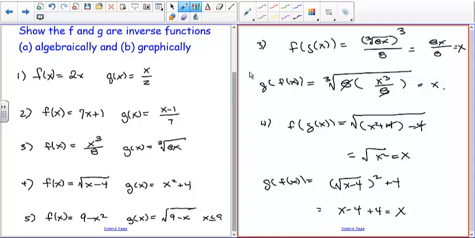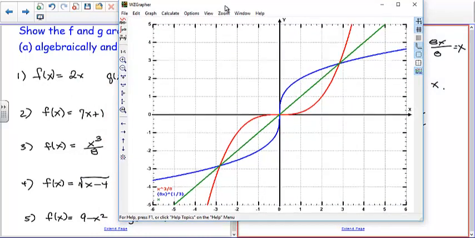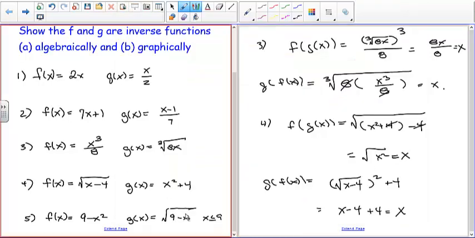So let's do that graphically. Now what we'll find out is that this domain is for x greater than 4, whereas this domain is all real numbers. So it's an inverse function with a limited domain. So we're going to graph f of x equals the square root of x minus 4, and the other function is x squared plus 4.